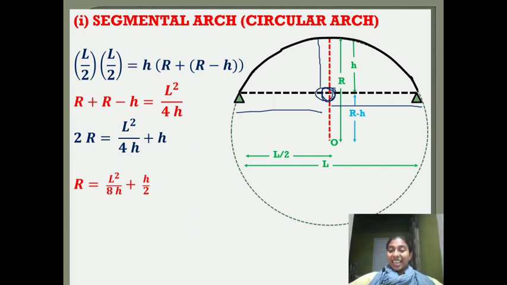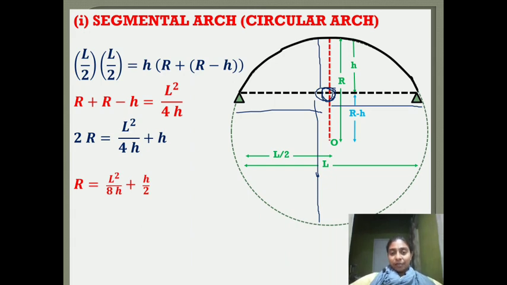This is rise, h. So h multiplied by this distance. That is, this distance is 2r, that is, r plus another r. So 2r minus h.